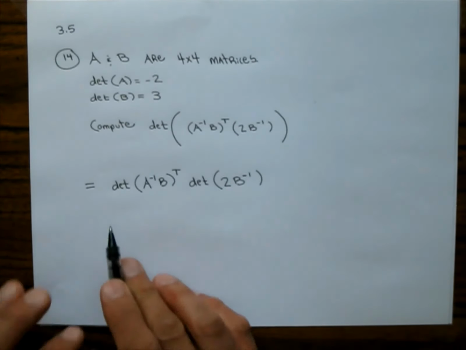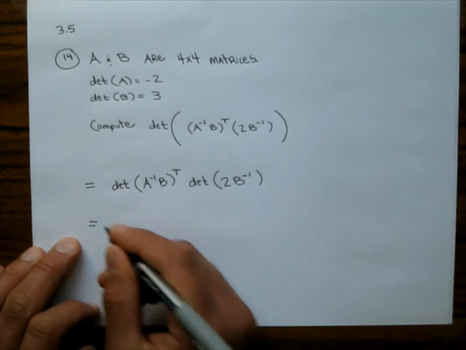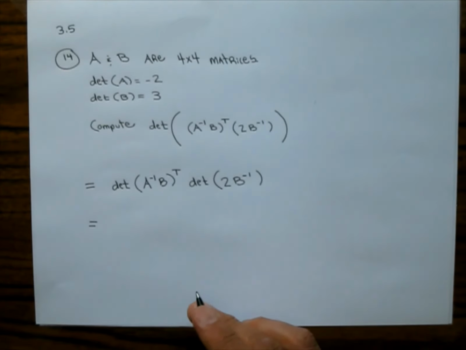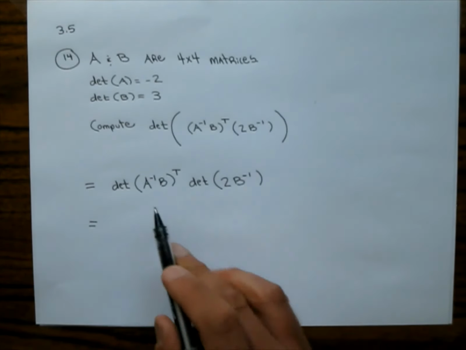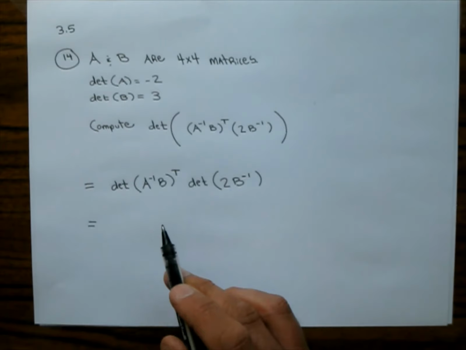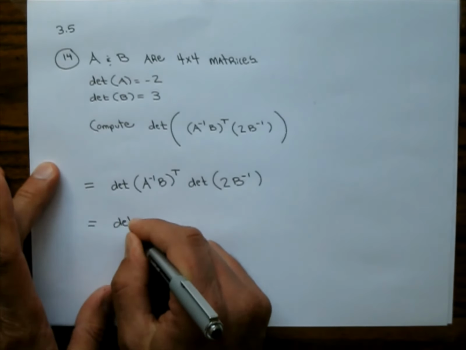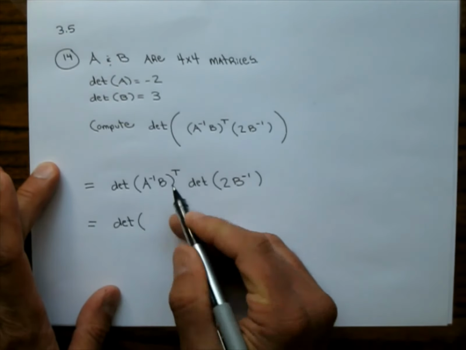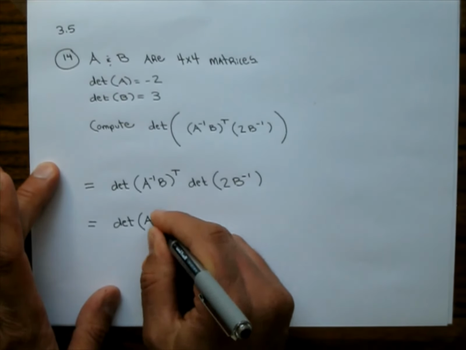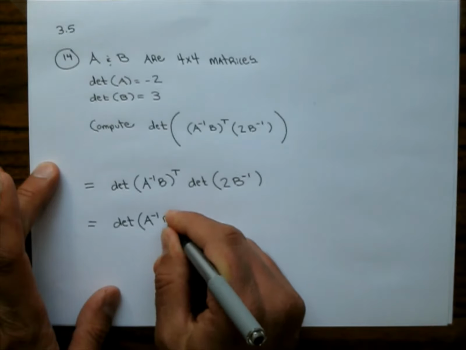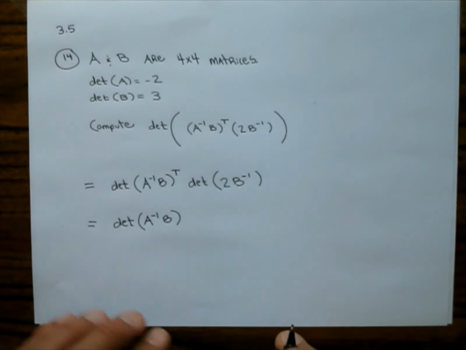Now the determinant of a matrix C transpose is the same as the determinant of matrix C. So for this one, we don't have to put the transpose there. This is the determinant of A inverse B.